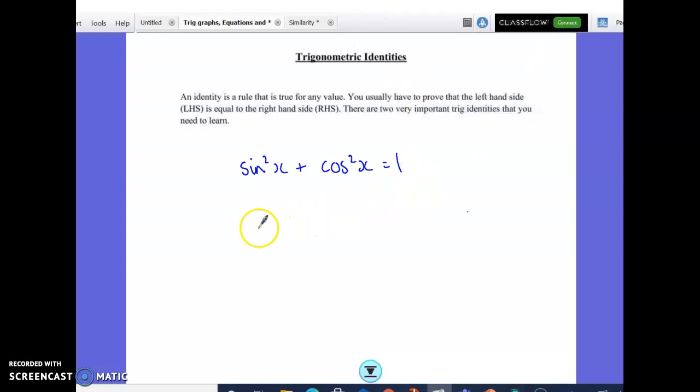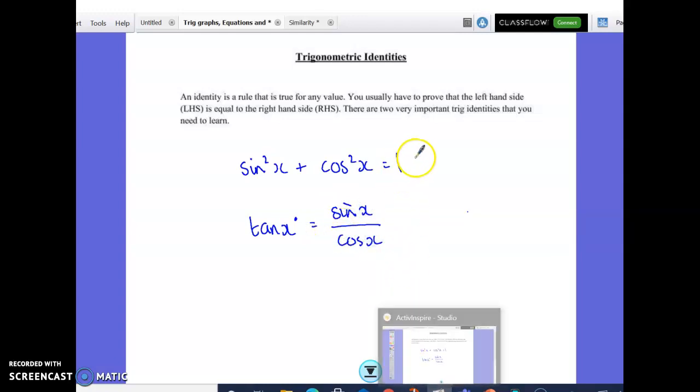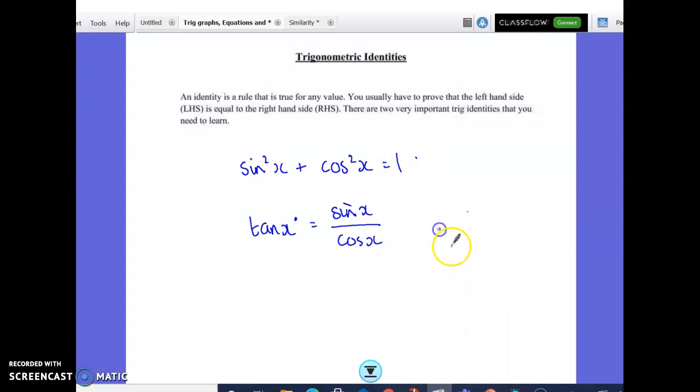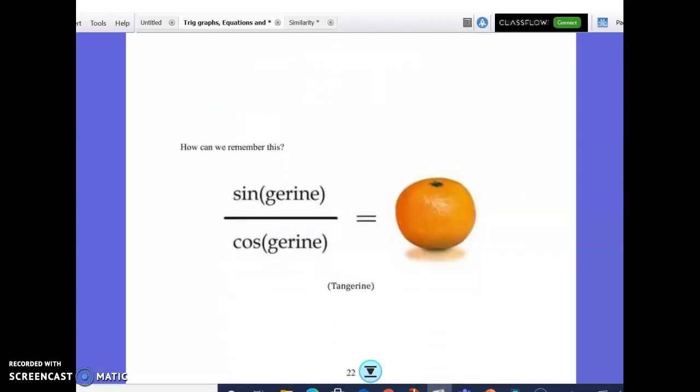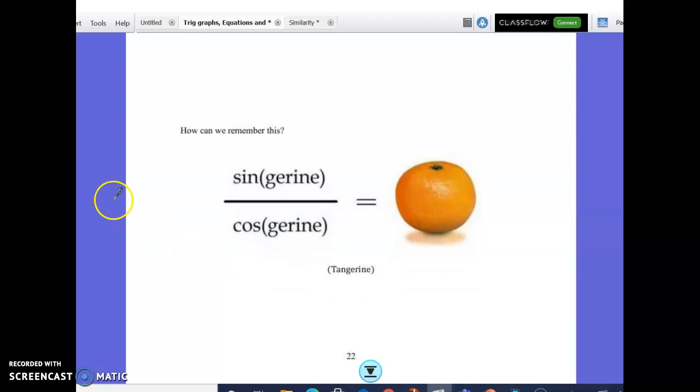The second one is that tan x is equal to sine x over cos x. Now, for some reason, the first one is quite straightforward to remember. The second one, people have got a habit of getting the wrong way round. So a couple of wee ways that we can remember that second one. We do sine-gerine over cos-gerine, we get a tangerine.